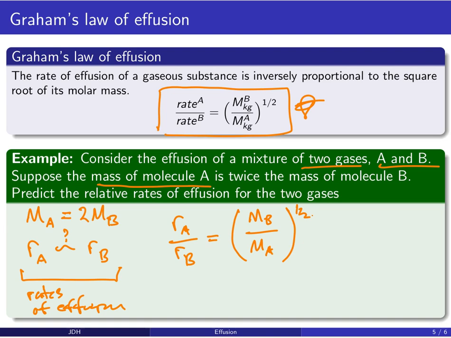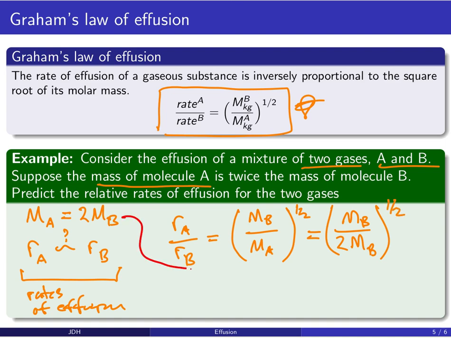And now we use the fact that the mass of A is 2 times the mass of B. So we get rid of these variables and put 2 times mass of B on the bottom, square root.